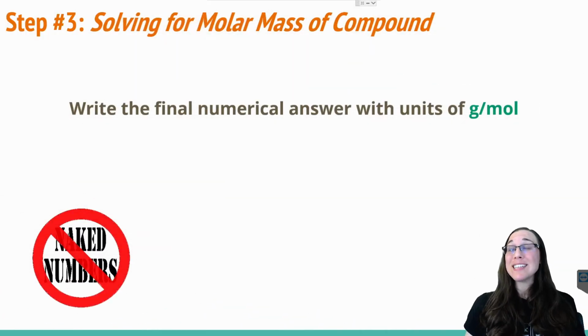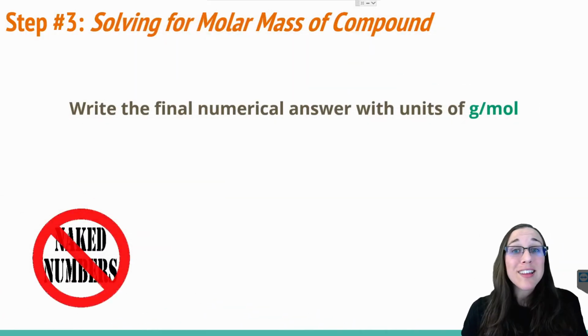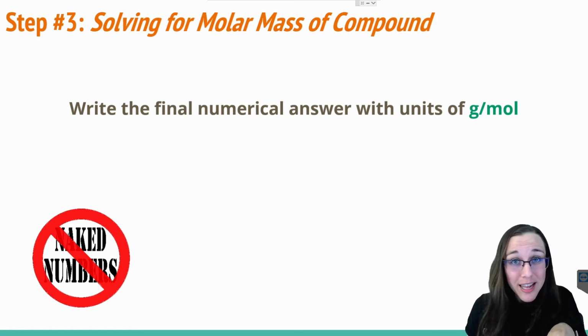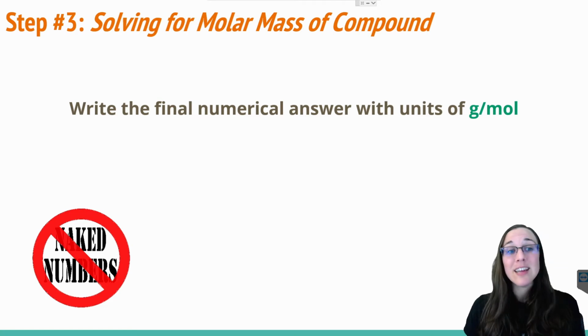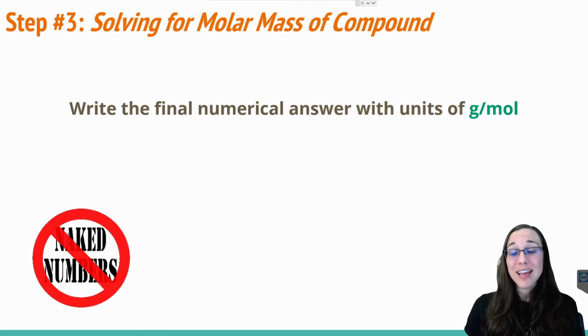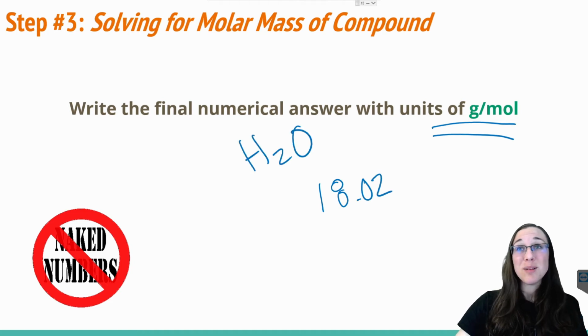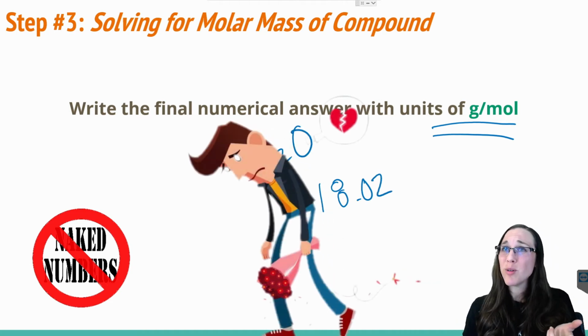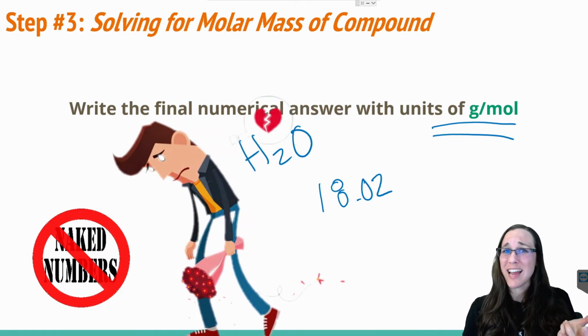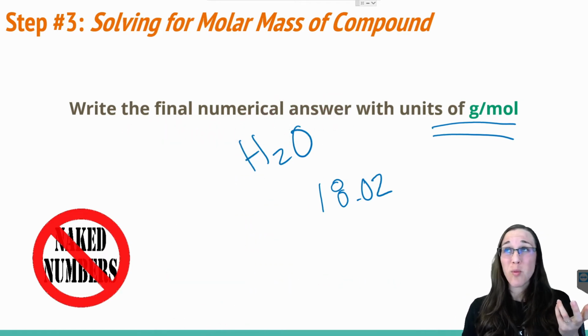And step 3 is to never let your final answer that you've worked so hard on go running naked in the streets. No naked numbers. It's embarrassing. So you have to write your final numerical answer with units of grams per mole so it's not a naked number. If I wrote 18.02 for water earlier, 18.02 what? 18.02 times water has broken up with its ex? 18.02 reasons why water is the most essential chemical on Earth? 18.02 deaths that have occurred in water?